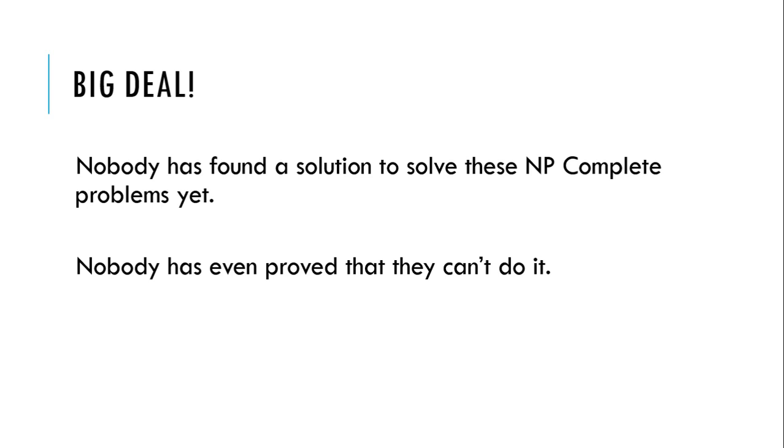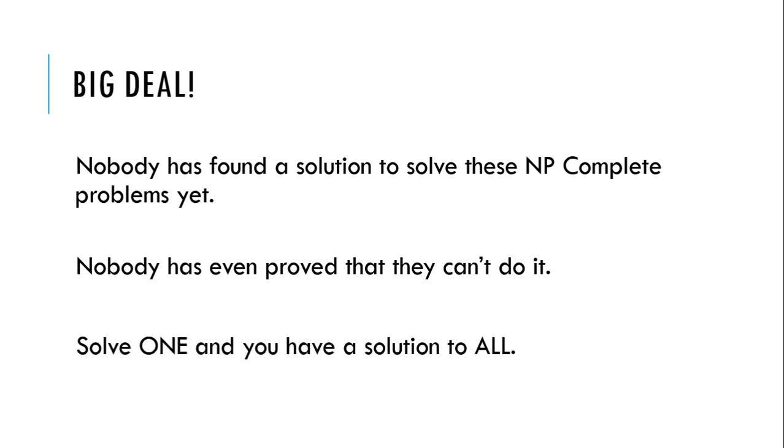Some people say there's hope. Some people say we don't know if we can solve it or not. So that's a problem. But the good thing about NP complete problems is that it's a category where you have to solve one problem out of thousands, I think, or less. I don't know that part.